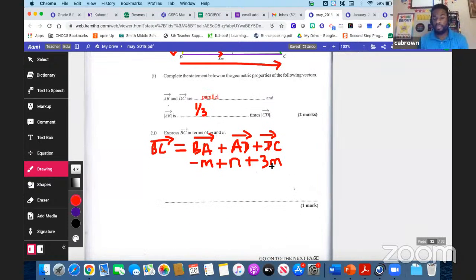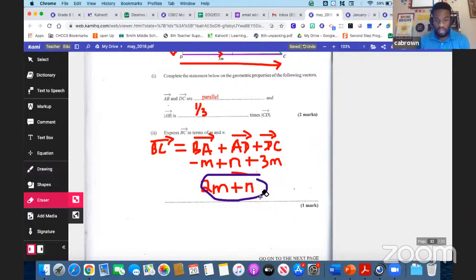Negative M plus 3M, that's going to be 2M plus N. And that's our result. So BC in terms of M and N is equal to 2M plus N. And that's BC.